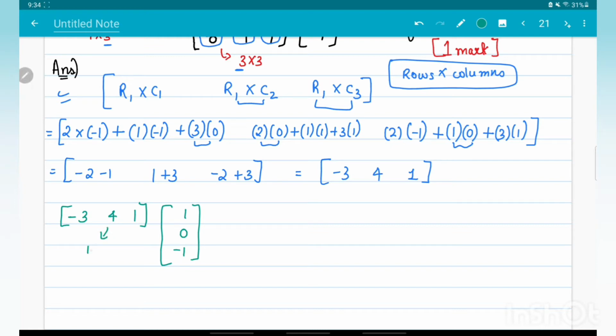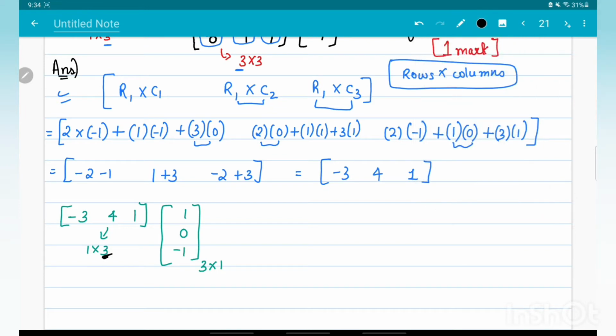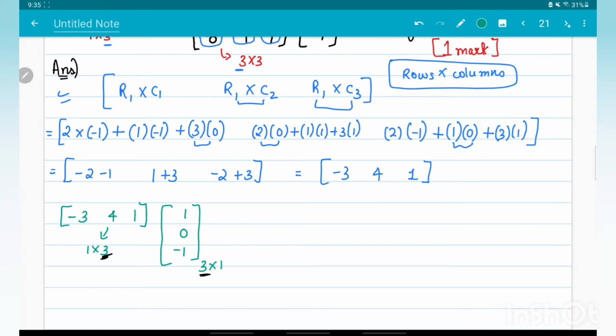This matrix is of order 1 by 3, since there is one row and 3 columns, and the second one is of order 3 by 1, since there are 3 rows and 1 column. The columns of the first matrix are equal to the rows of the second matrix, which means the multiplication of both matrices is possible.